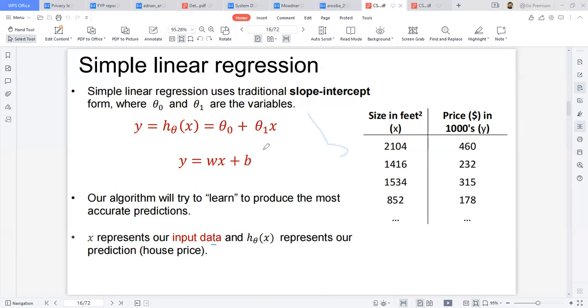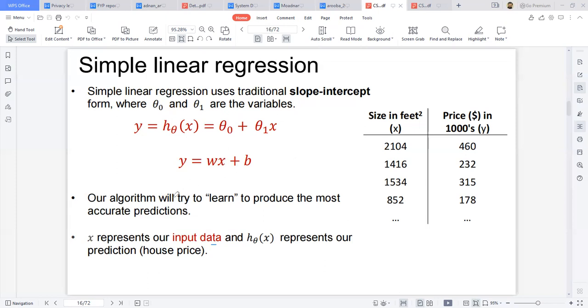Okay, so you can see mx plus c. So we can say theta naught plus theta 1 x. This one and this one are similar.